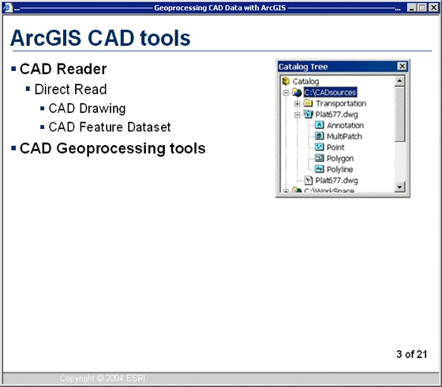As shown here in the catalog tree screenshot, we have one file being shown in 2 different ways. This white icon, the CAD drawing, is a single file. The CAD feature data set is pulling information from this single file and breaking it down into component geometries, which include polylines, polygons, point, multi-patch, which are 3-dimensional objects, and annotation.